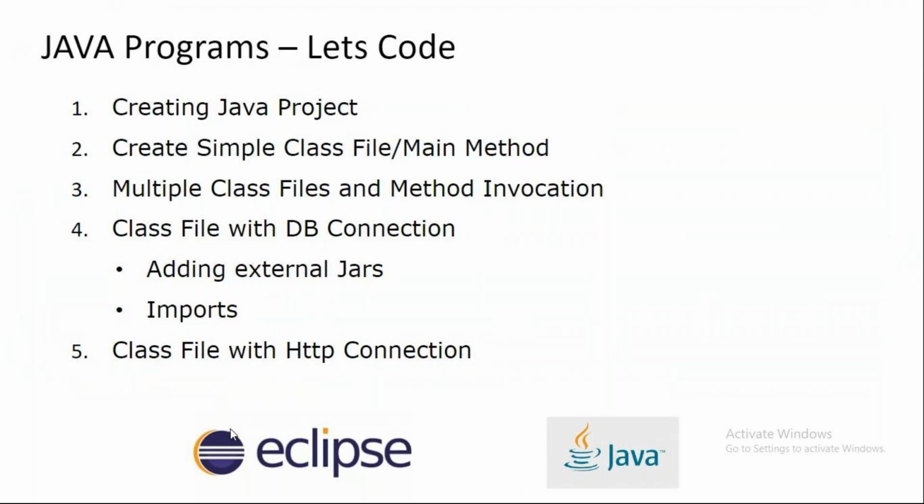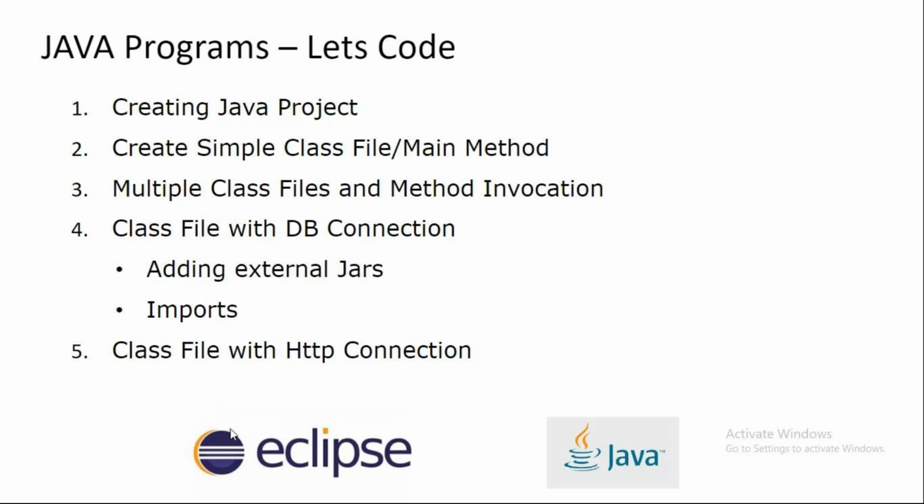It is a kind of reusable library. You can think that you might have written some programs which take care of connecting to a MySQL DB. It will have classes, it will have methods. That itself is a complete Java project, and then you will export that into a jar file.